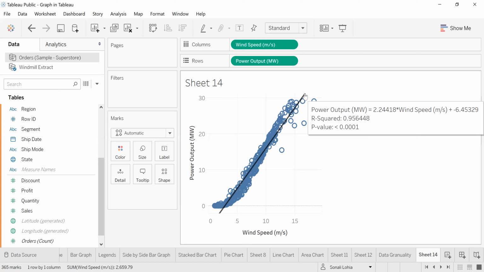From 104 I will do plus 10 and minus 10, so it will be somewhere between 94 and 114. I will tell them that if you give 50 meters per second of wind speed, your output will come within this range.